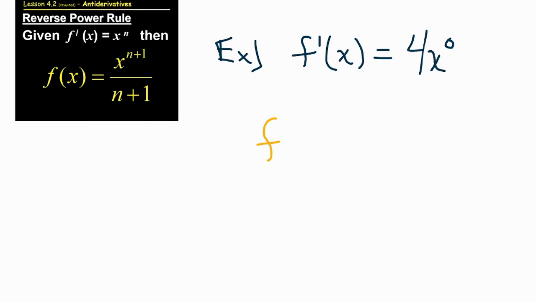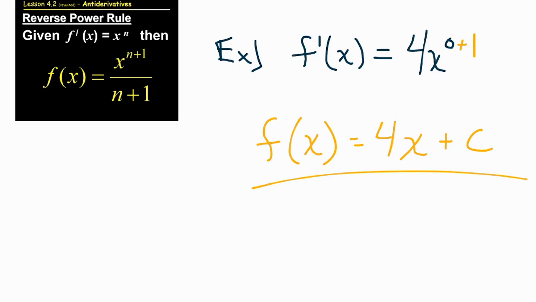Well, we're trying to help you to see that if you add 1 to the exponent of 0, you're now going to get an exponent of 1. You're going to get 4x to the 1, better known as 4x, plus c. But most importantly, we realized that the antiderivative of 4, let's put that back the way it looked originally, the antiderivative of 4 is really just going to be 4x.